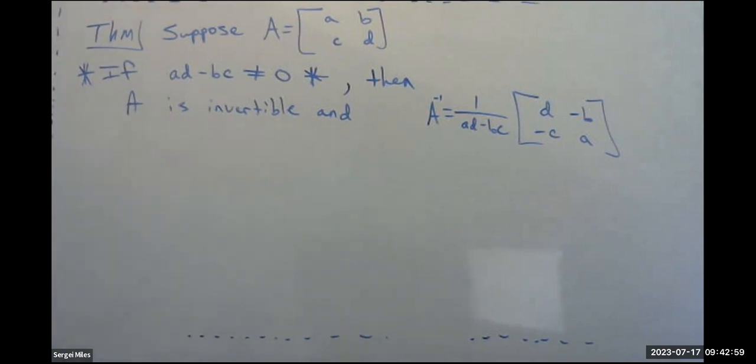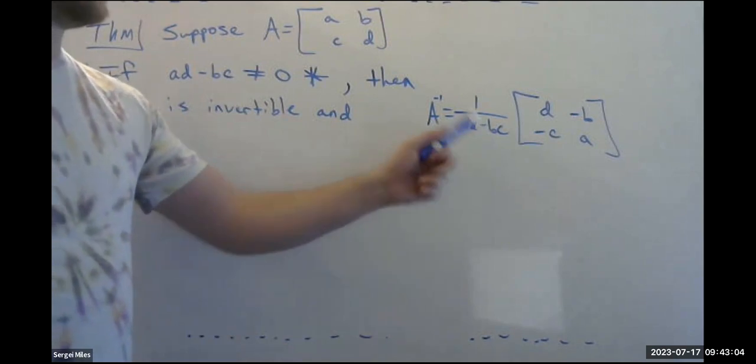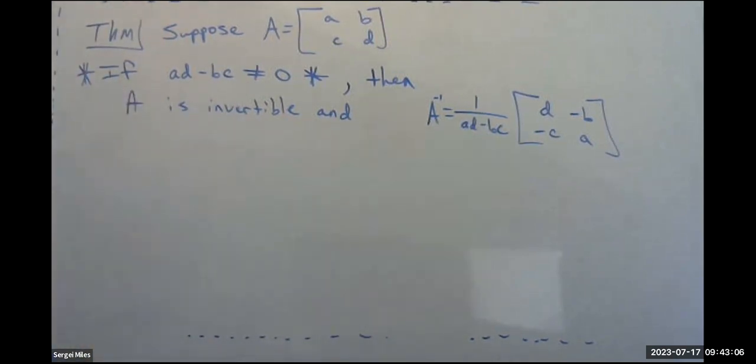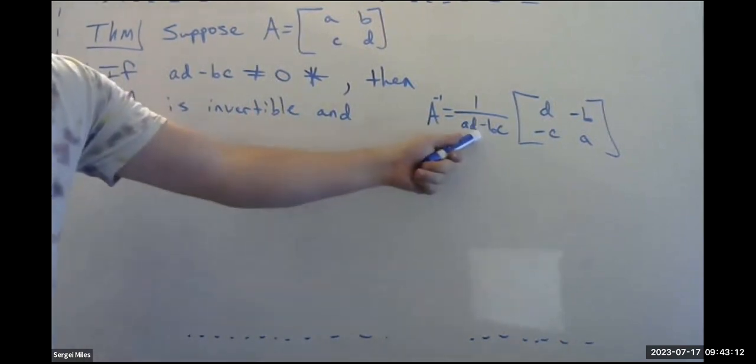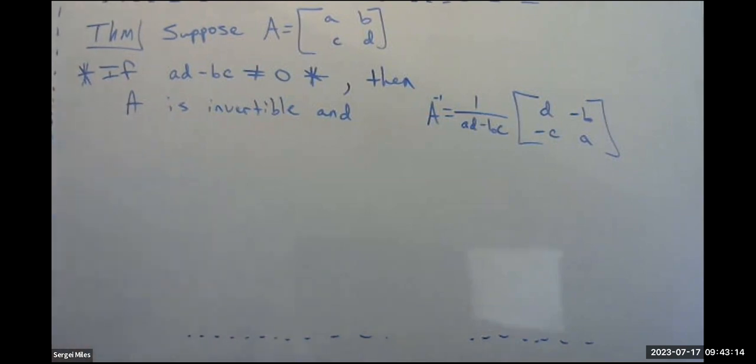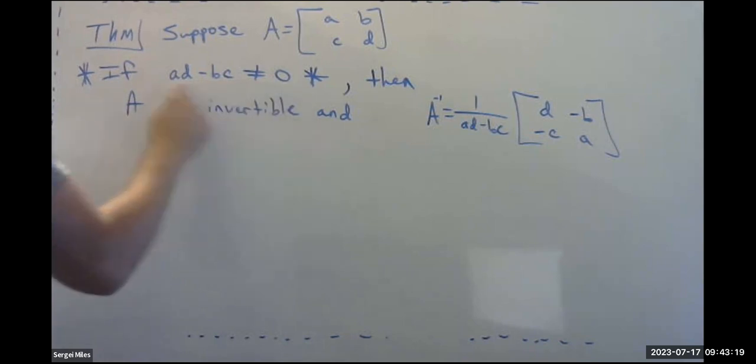Why do we require that it not equal 0? Well, look in our formula. I have to divide by AD minus BC. So if AD minus BC equaled 0, well, I'd be dividing by 0, and I can't do that. So for any 2x2 matrix where this turns out to be equal to 0, the inverse does not exist.